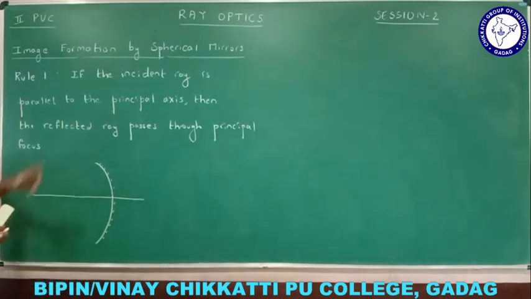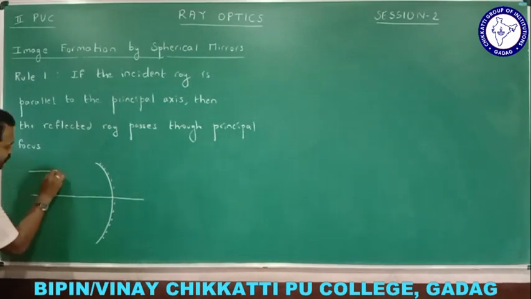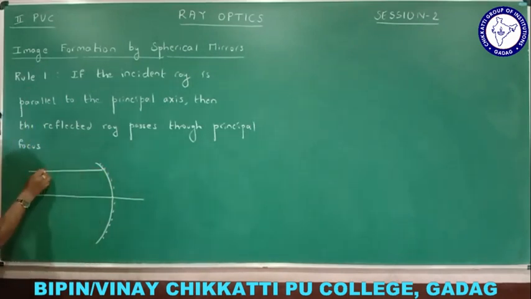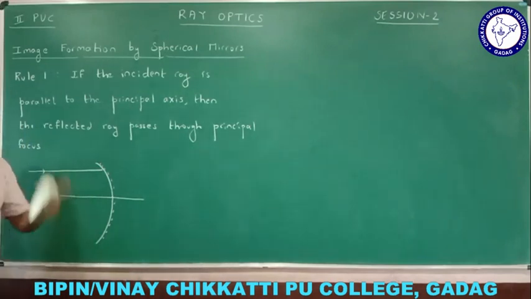Now let us say the incident ray is parallel to principal axis. Let me take this ray which is parallel to principal axis. This is called as incident ray. After reflection, the ray should pass through principal focus. Where is principal focus?